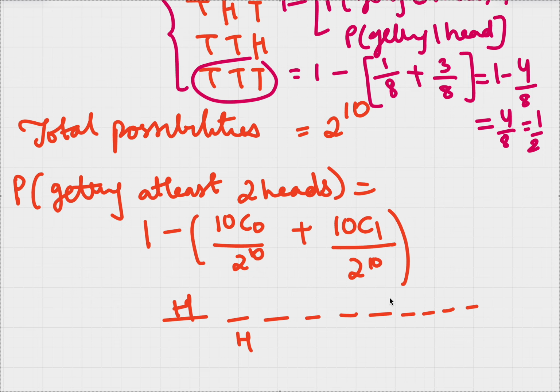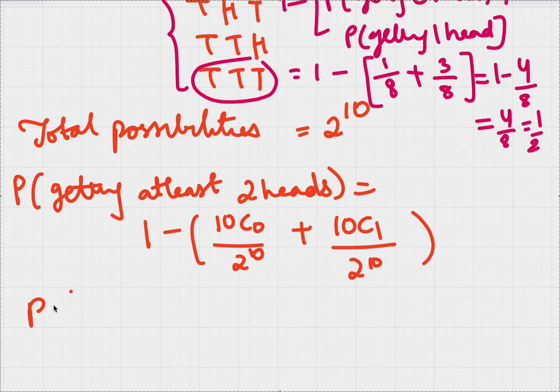So coming back to the problem, this is the probability of getting at least 2 heads. So now this is the probability of getting 0 heads or 1 head.